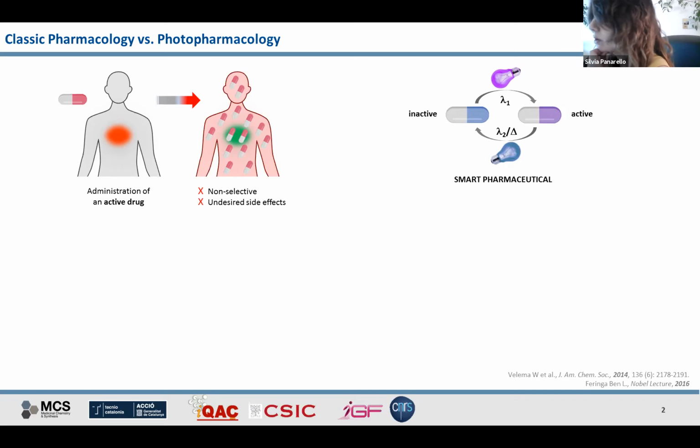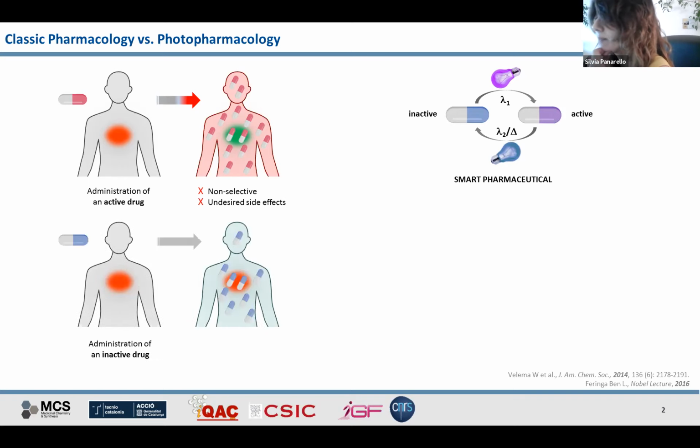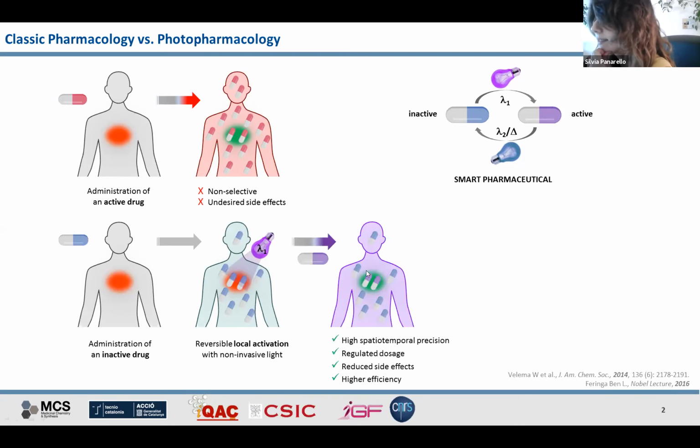So photopharmacology is characterized by the administration of an inactive drug first, and reversible and local activation with non-invasive light later. Now the drug is in its purple active form, acting just in the part of the body of interest. The advantages of this approach are many.